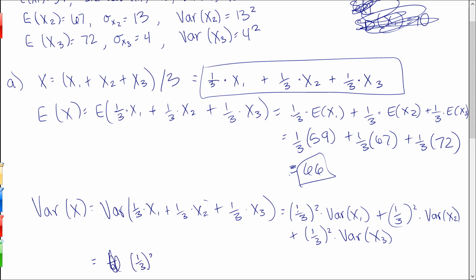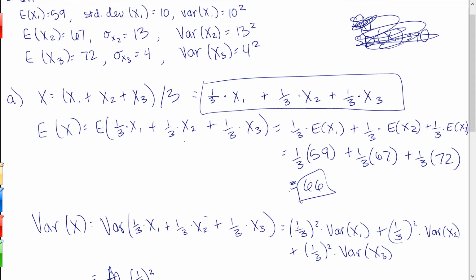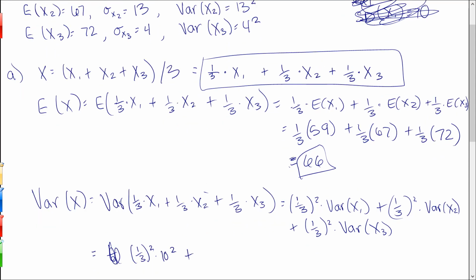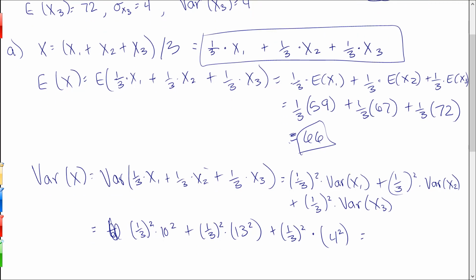It's 1/3 squared times the variance of x1, which was 10 squared, plus 1/3 squared times the variance of x2, which is 13 squared, plus 1/3 squared times the variance of the last one, which was 4 squared. And this all gives me 95/3, so 31.66.